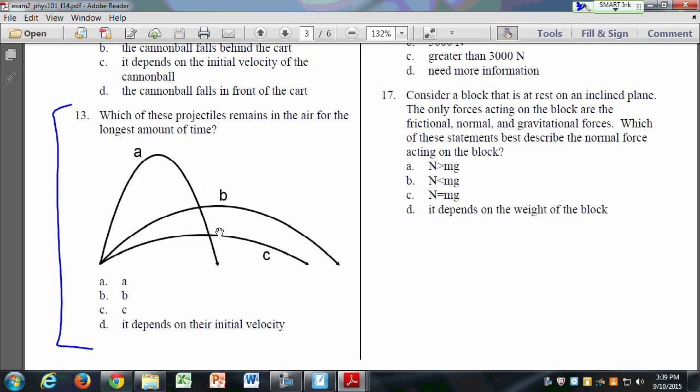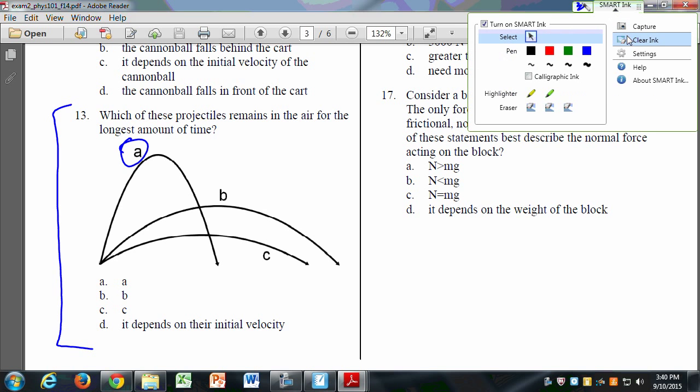If it goes higher, it's in the air for a longer amount of time. So which one is in the air for the longer amount of time? A is in the air for the longer amount of time because it goes up higher.